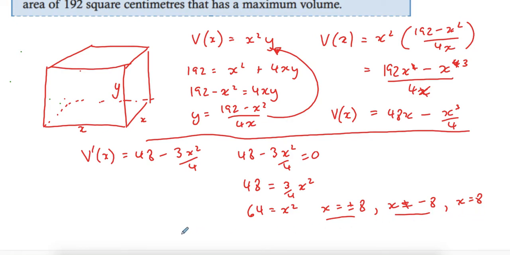Okay, so at this stage we do need to double check that we have the maximum value here, not a minimum, because it's a quadratic, and a quadratic curve has this shape or this shape, so we could be looking at a maximum or minimum there. So the second derivative, the 48 disappears, and this becomes negative 6x over 4, or negative 3x over 2.